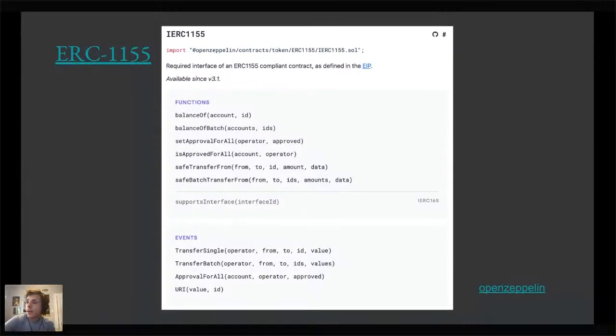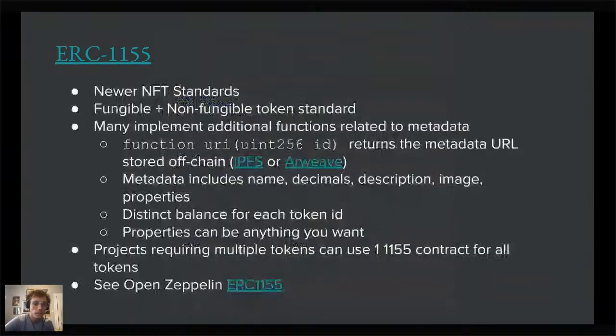So if you have a use case where people may need fungible and non-fungible tokens, like blockchain gaming, I think using an 1155 contract might be a better fit for a gaming product than ERC 721, because with 1155 you just have to deploy one contract and then you can manage a whole suite of tokens with that one contract.